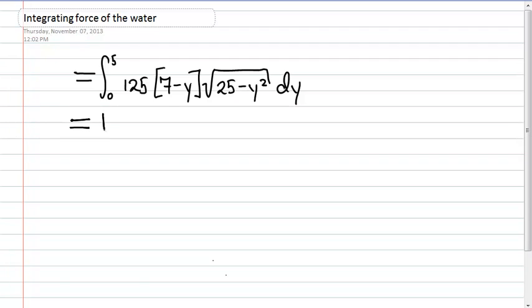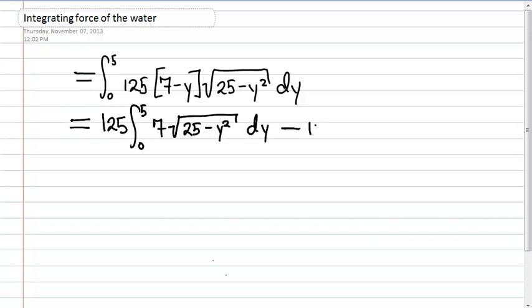You're going to bring 125 on the outside, the integral with bounds 0 to 5, 7 times the square root of 25 minus y squared dy, minus 125, the integral with bounds 0 to 5, y times the square root of 25 minus y squared dy.